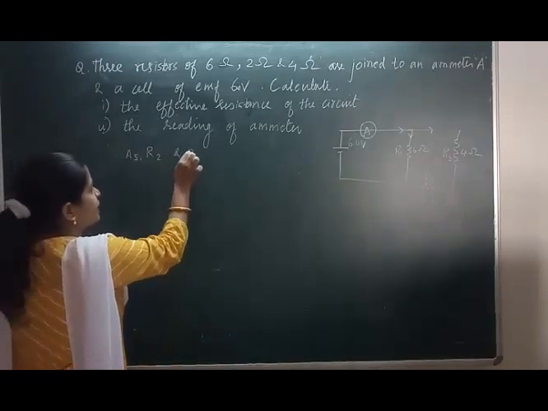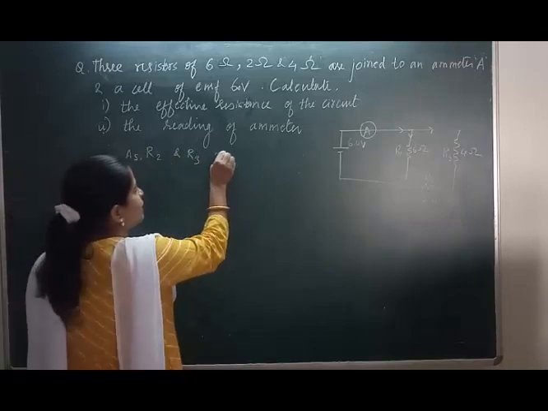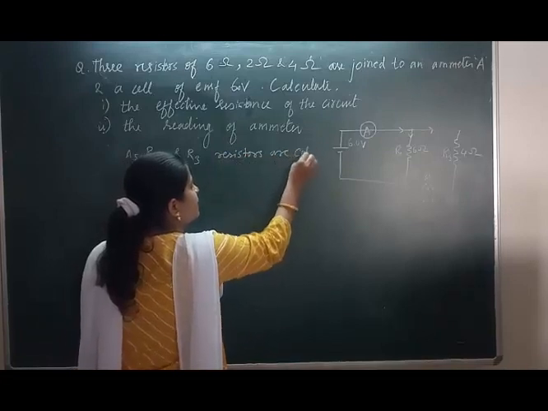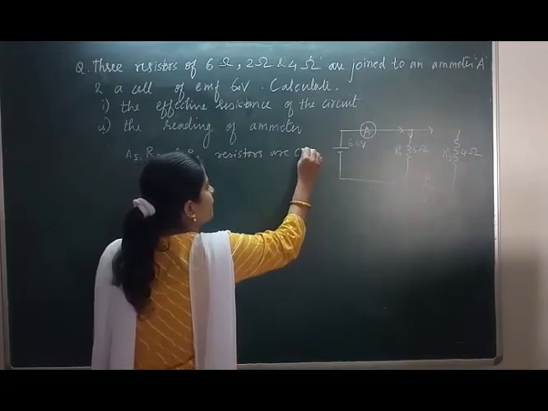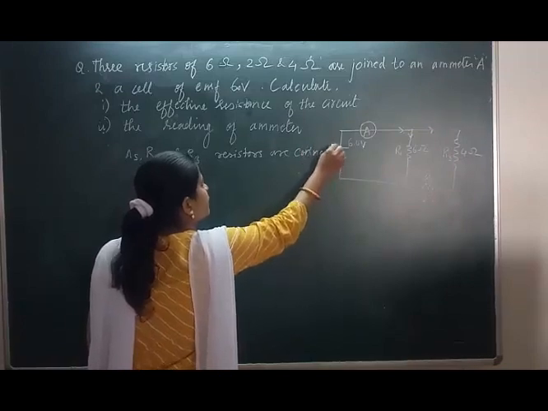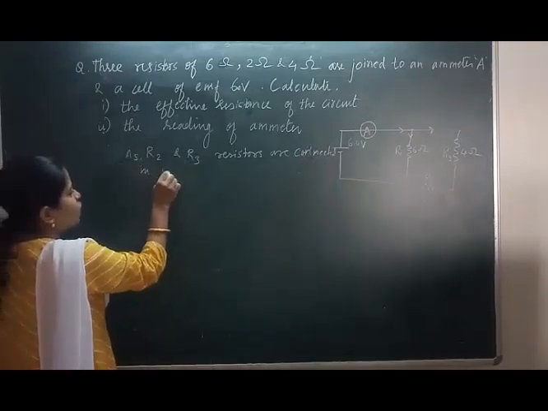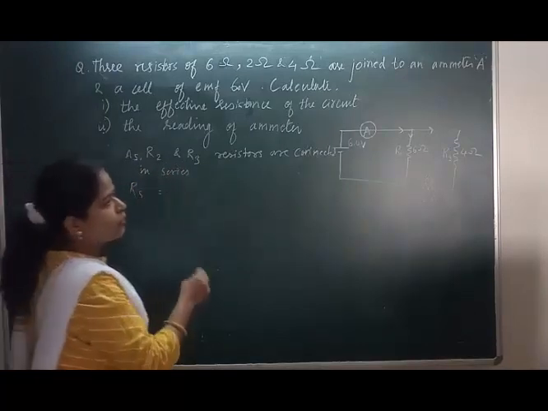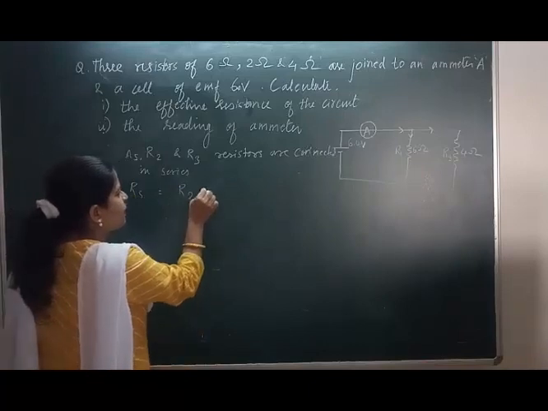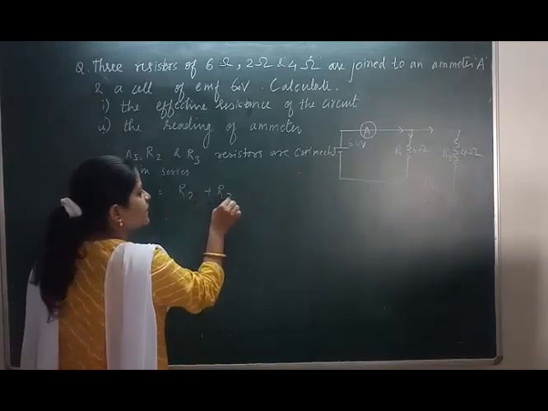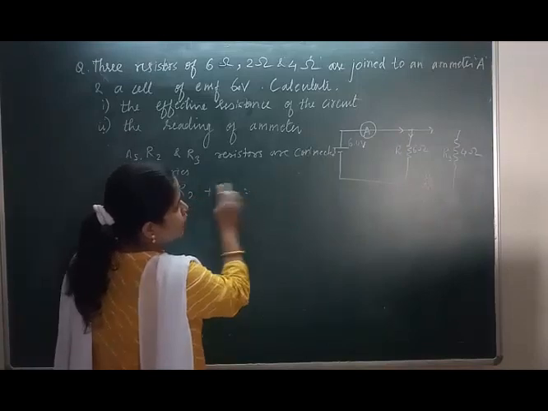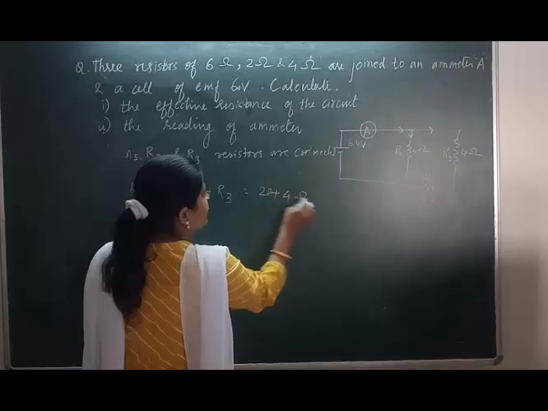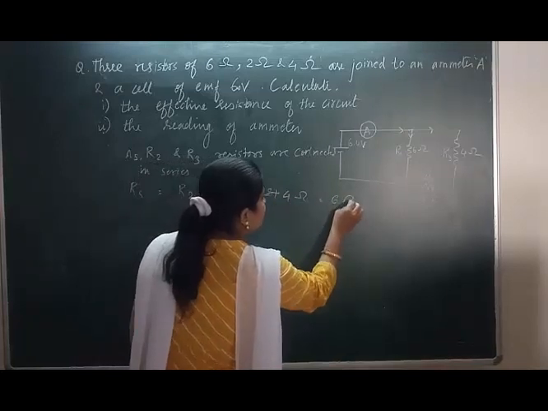R2 and R3 are connected in series. In series, the formula is the sum of the two resistors, so R2 plus R3. R2 is 2 ohm and R3 is 4 ohm, so we get 4 plus 2, which is 6 ohm.